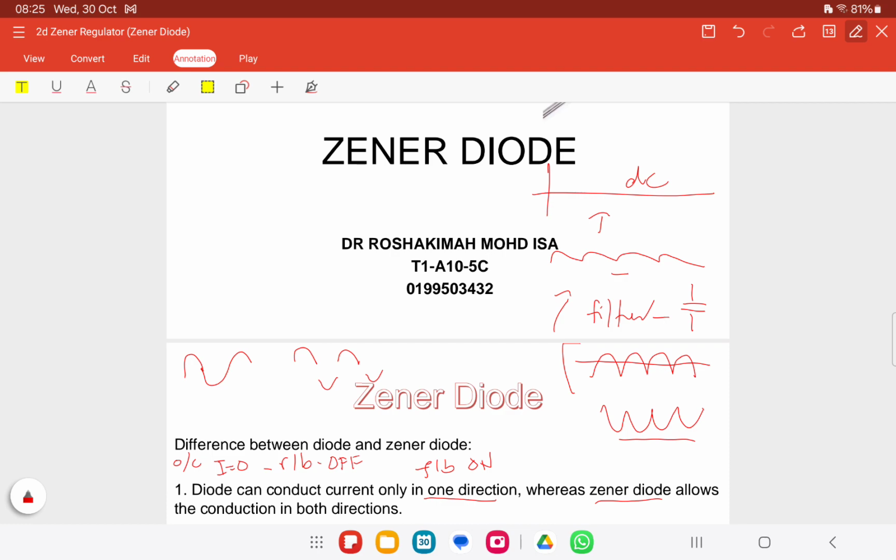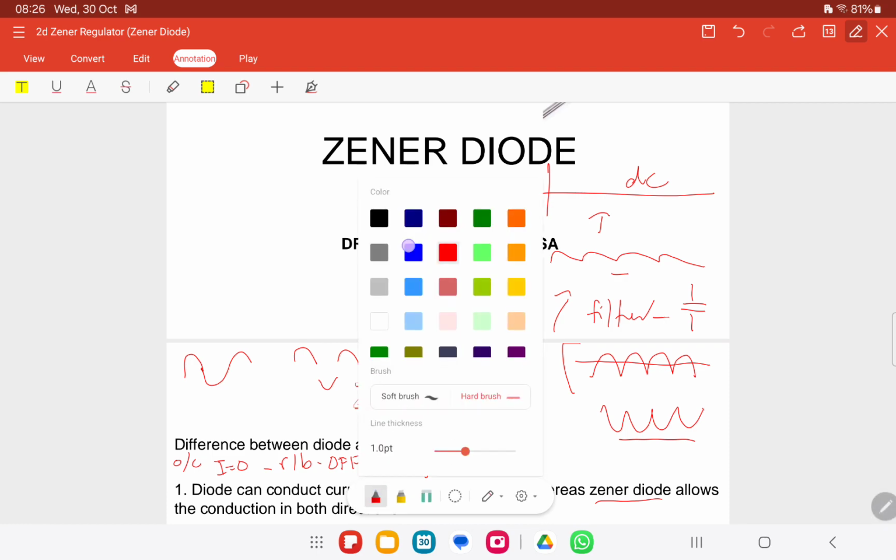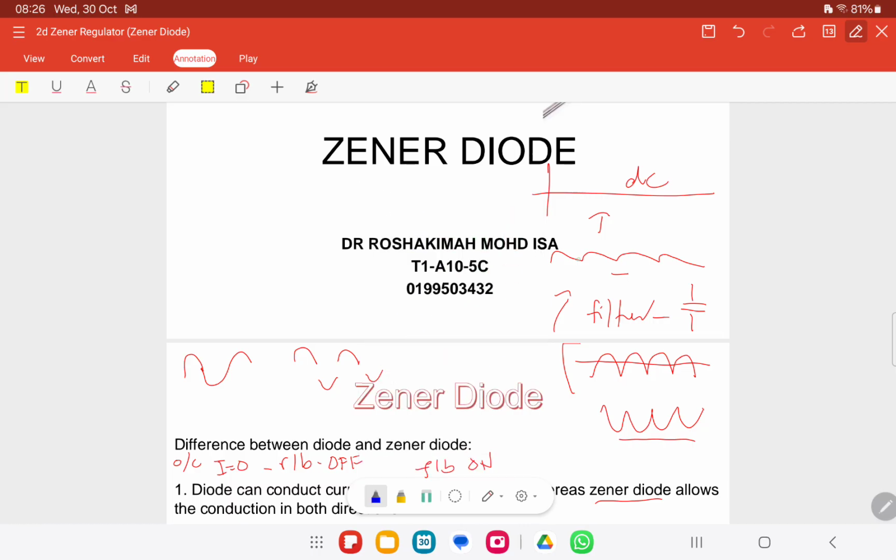Due to this characteristic of charge and discharge, we get this signal. The rising part is charging, and then when it goes down it is discharging. Then it continues charging and discharging according to the cycle.